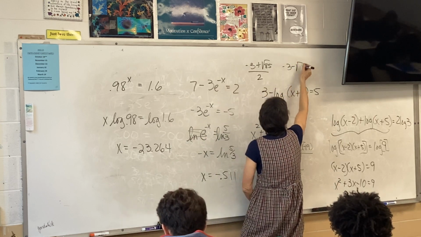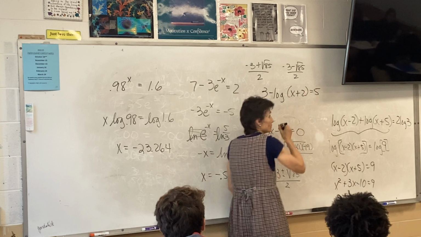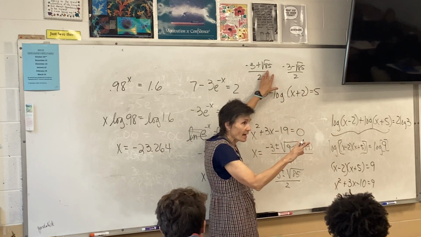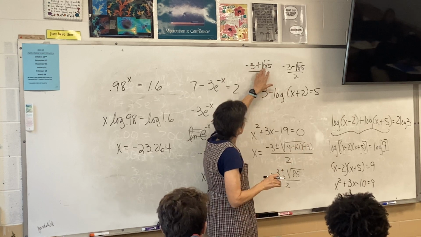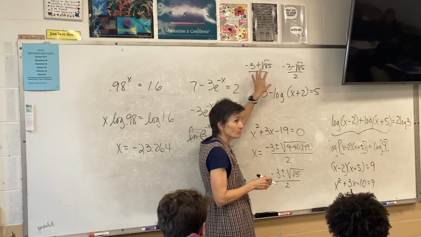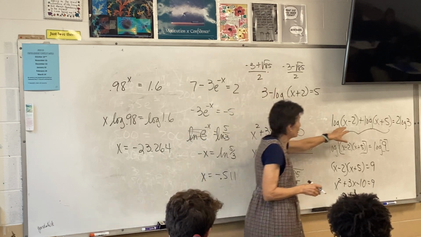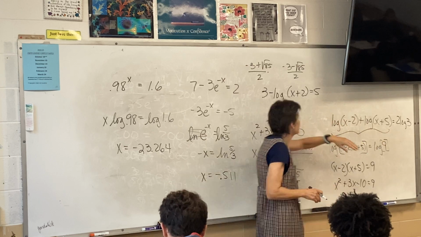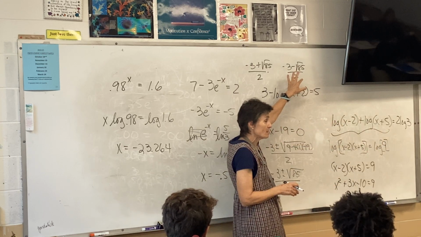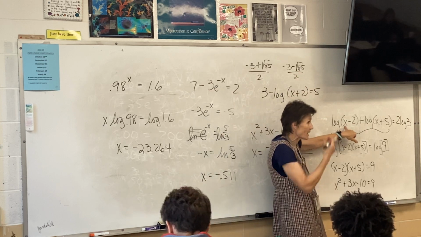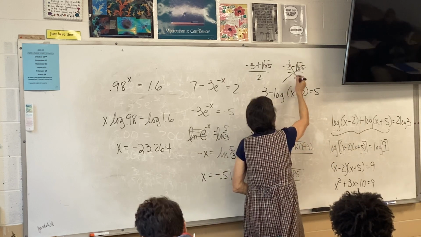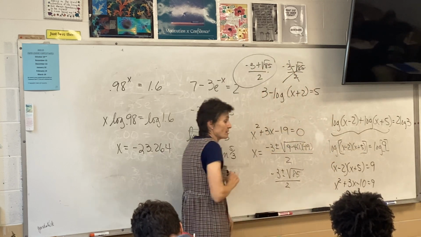Negative 3 minus root 85 over 2. Now, root 85 is about 9. Would you agree with that? So this number is about 3. 3 is good in my equations, 3 is fine. This number, I'm not sure what it is, but it's gonna be negative, isn't it? Can you have a negative minus 2? No. So that one is extraneous, and this is the only answer.